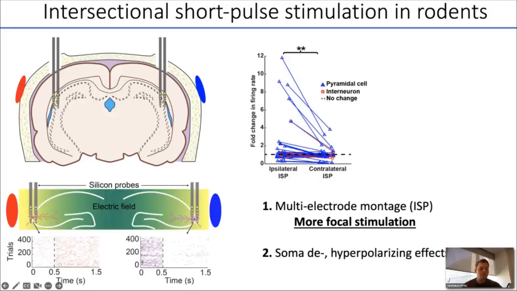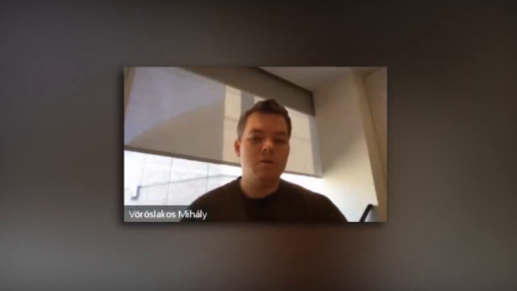The reason for this is that ipsilateral ISP under the anode, which you can see now on the left side of this plot, will inhibit hippocampal neurons, and under the cathode, it will excite hippocampal neurons. With this mirror configuration for stimulation and recording, I hope you can appreciate that we can record simultaneously somatic depolarizing and hyperpolarizing effects.